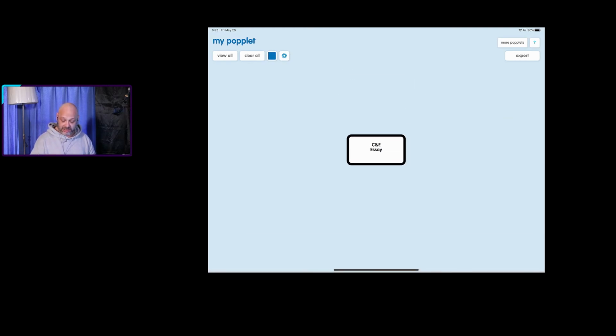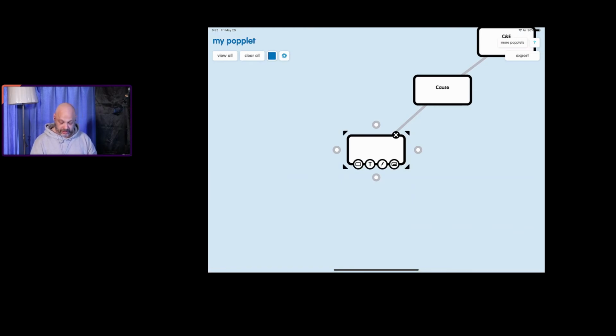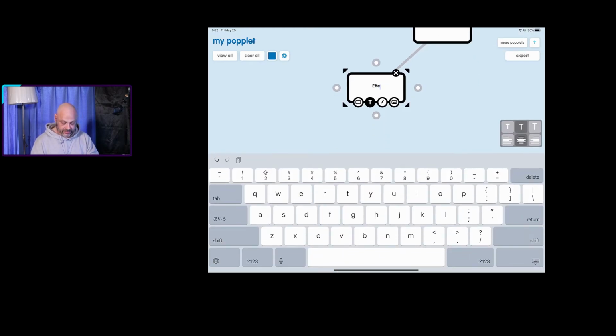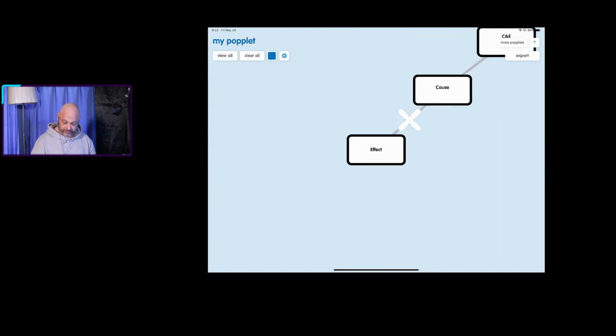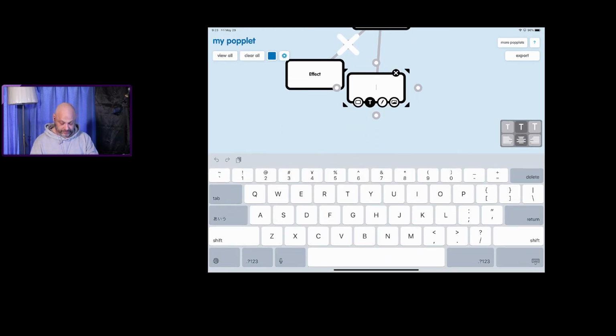Now, with a cause and effect essay, you're going to look at something that has a cause, and then that results in some sort of effect or multiple effects.